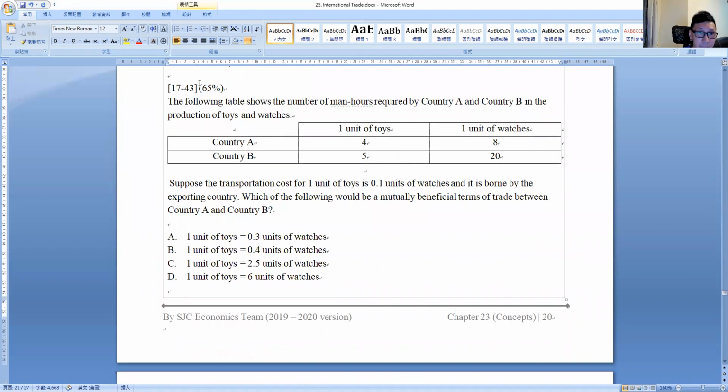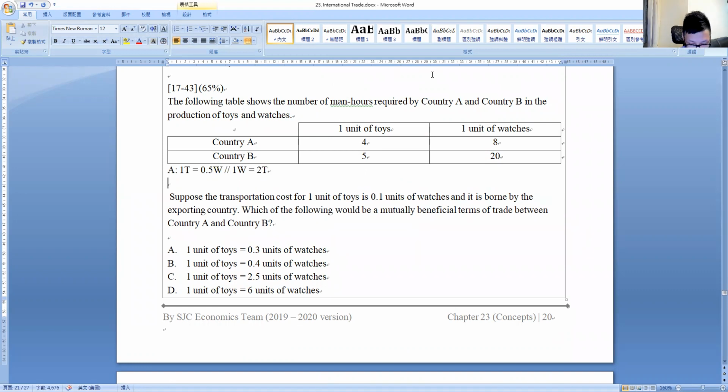Now let's do it again. 2017 this question. 我哋做多次啦。Again, because this one we have already done, because of time limitation, I just make it short. For country A, 1t equals 0.5 watch, or 1 watch equals 2t. For country B, 1t equals 0.25 watch, and 1 watch would be 4t. Something like that.